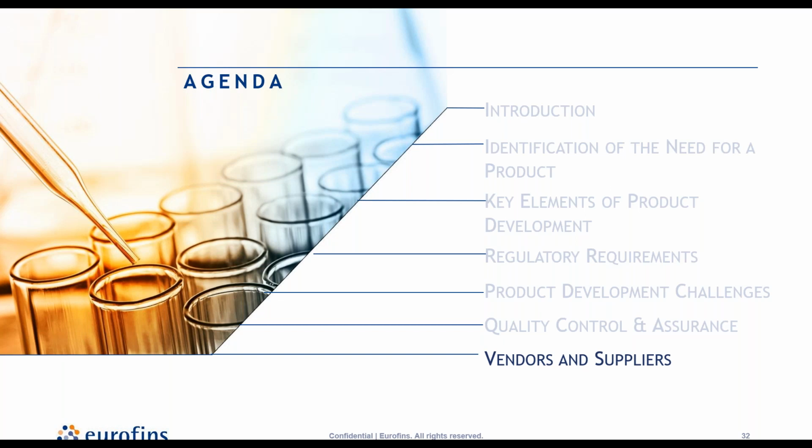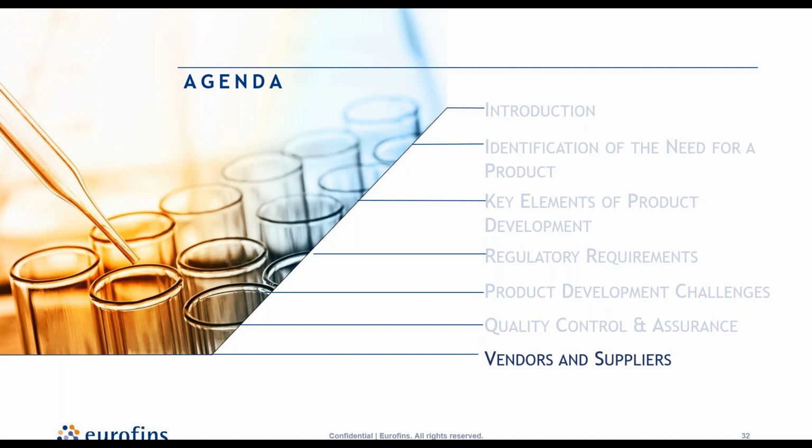So some considerations that we're going to discuss in this section of the presentation, just very quickly, are going to be researching vendors and suppliers to ensure that the quality and safety standards you have for your business as well as the FDA expects are being met by those vendors.